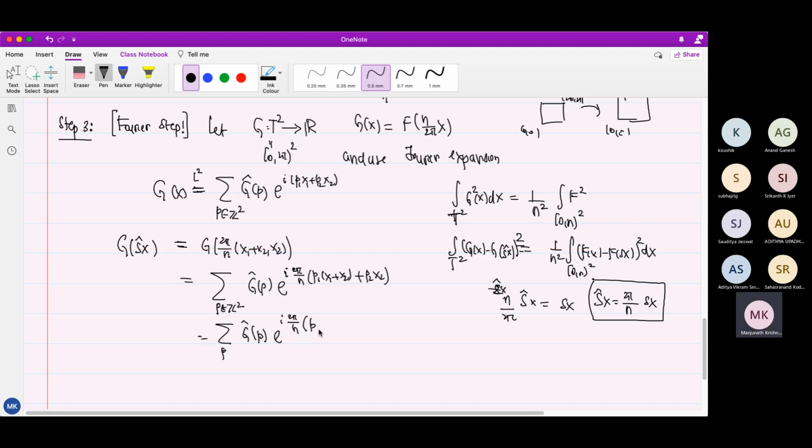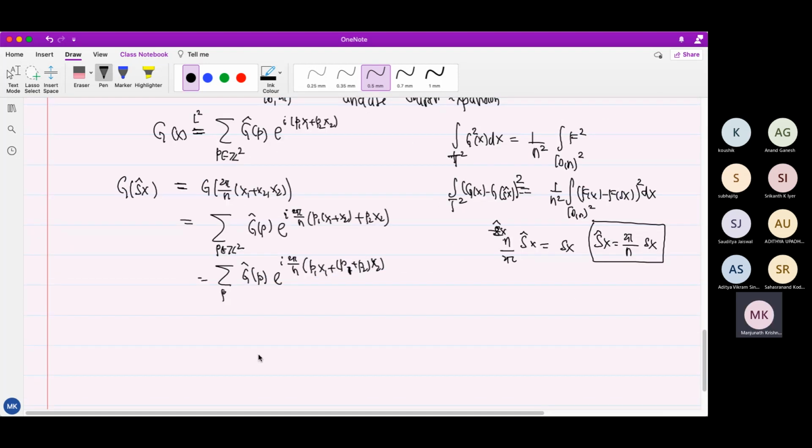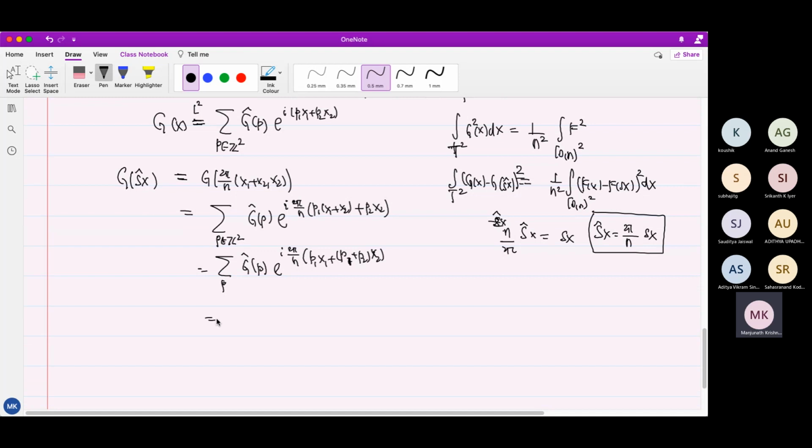Okay, so what we will write is P1 x1 plus P2 into P1 plus P2 x2. Okay, so you get that, which you can write like this.